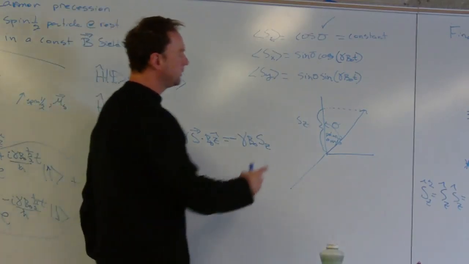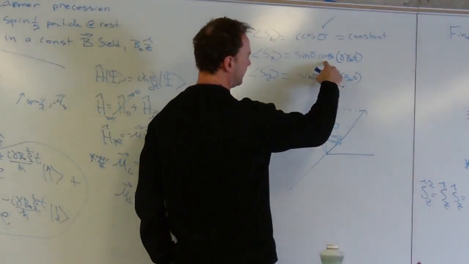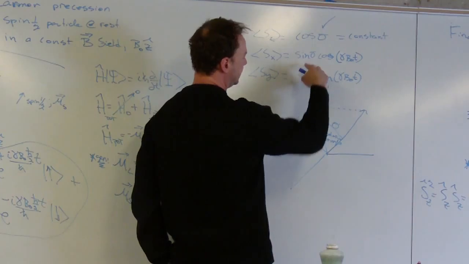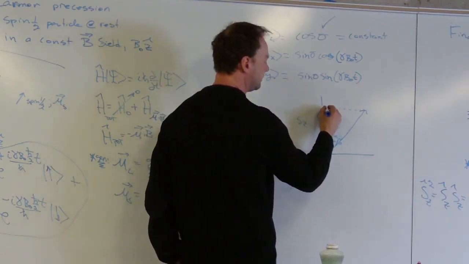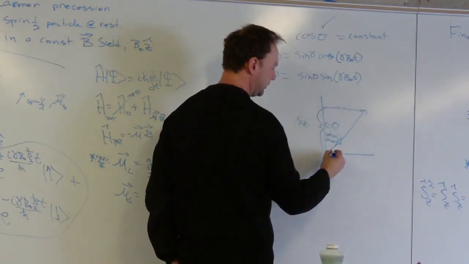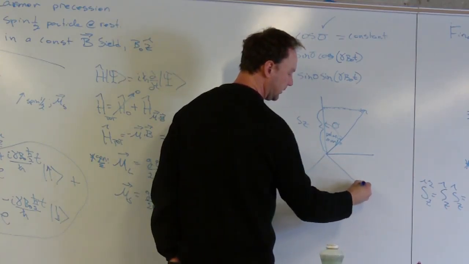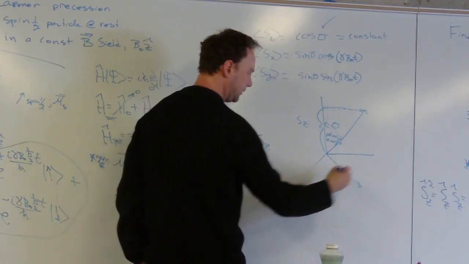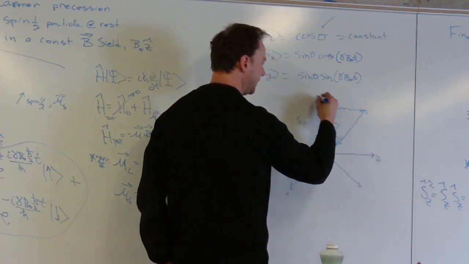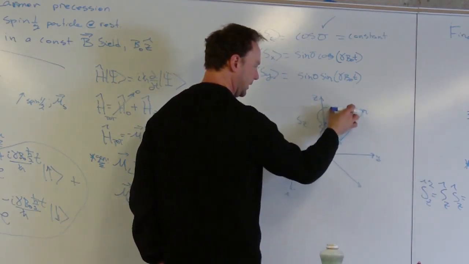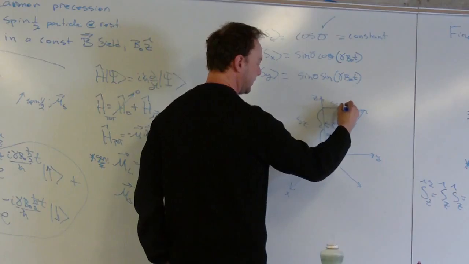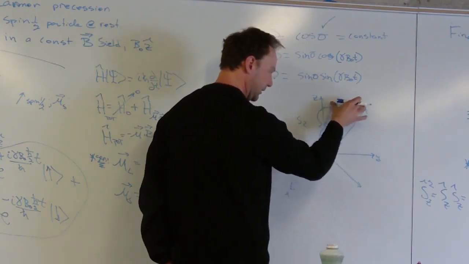All right, now, how to interpret these things? Well, if I'm looking at the sine of theta, what I'm looking at is this amount, which if you project it down here to the x, y plane, this amount right here is sine theta. So project it down, look at the shadow.